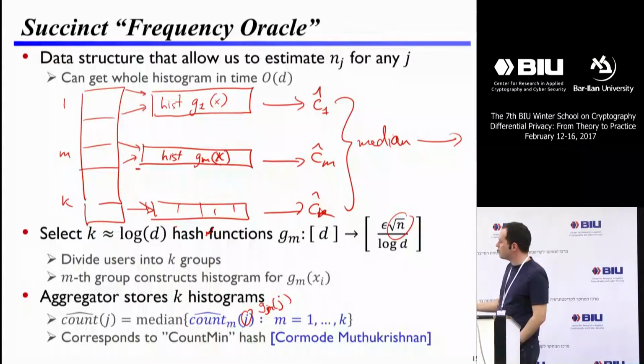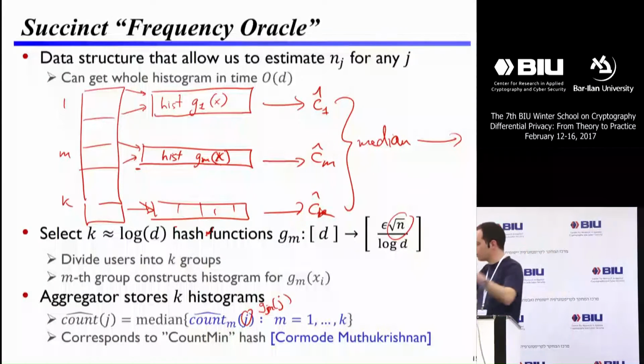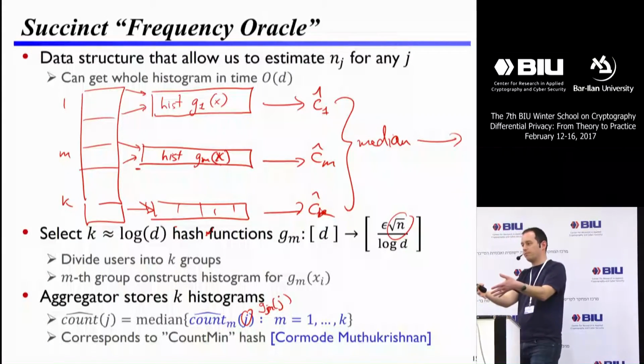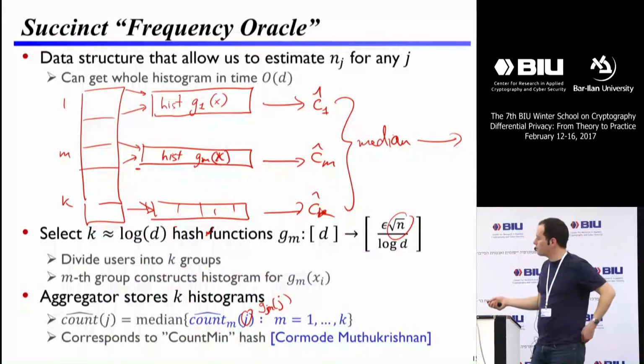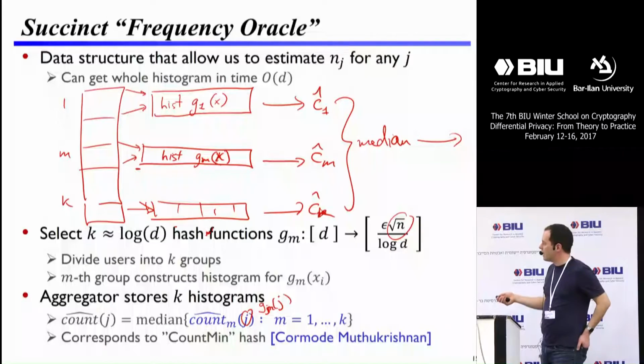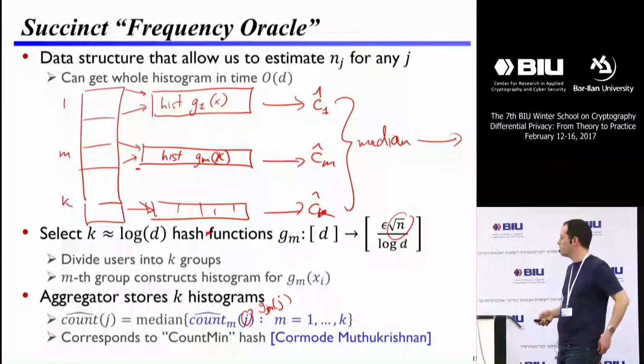The basic idea is that each of the counts in each of these histograms is an overestimate of the count in the whole data set, because the hash function could collapse several histogram bins together. But the parameters are selected such that in any given execution of this little protocol, there's a constant probability that the bin you care about is all alone or close to all alone in its hash preimage.